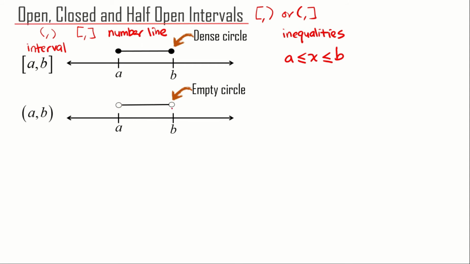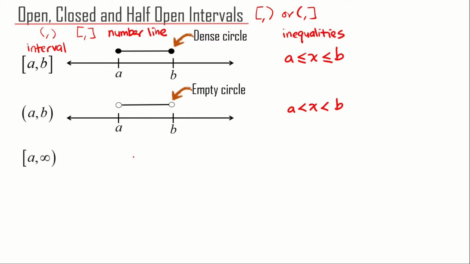So we have an empty circle at A, another empty circle at B, and we connect the two circles. In inequality symbol, we write this as x is a value between A and B, where x is greater than A and less than B.